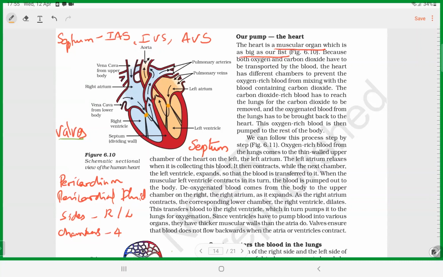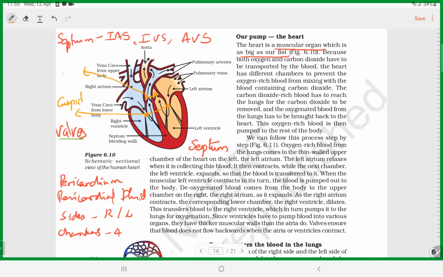Okay, they are actually called what? Tricuspid and bicuspid valves. Okay, cuspid valves, bi and tricuspid valves. And then here, from the ventricle, here and here, again you have two valves.